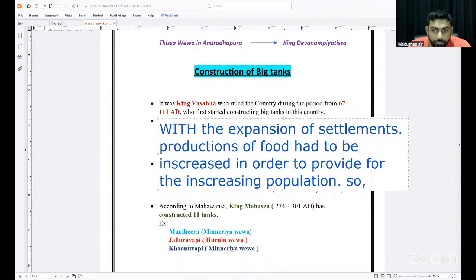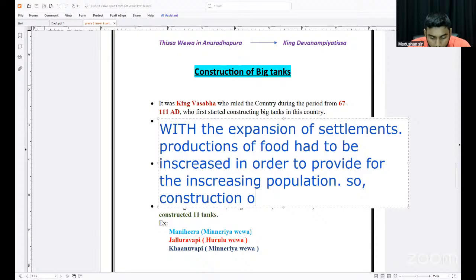So, construction of big tanks originated.